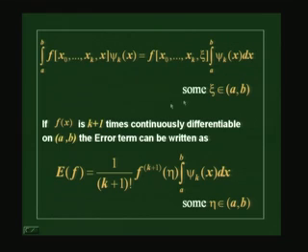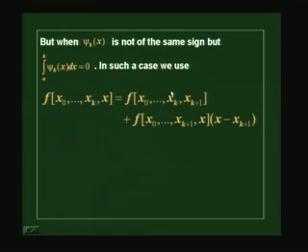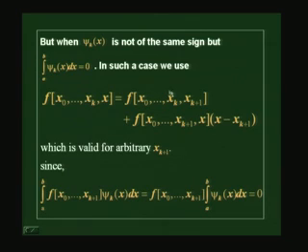In that case we can use this. Then we saw another case where, even when it is not of the same sign, there is a special case that the integral of psi k of x dx over the interval a to b is 0.